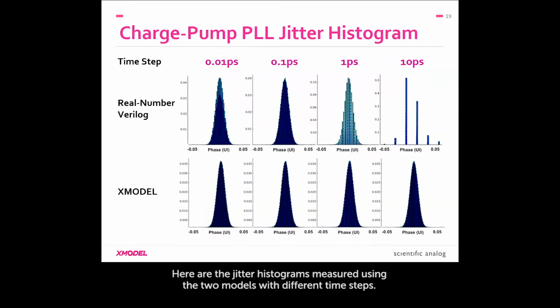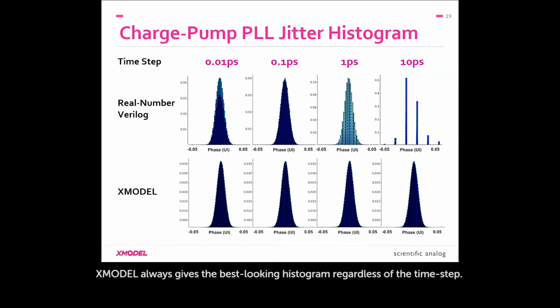Here are the jitter histograms measured using the two models with different time steps. In real number Verilog, the time step has to be at least 0.1 picoseconds to get a reasonable jitter histogram. XModel always gives the best looking histogram regardless of the time step.